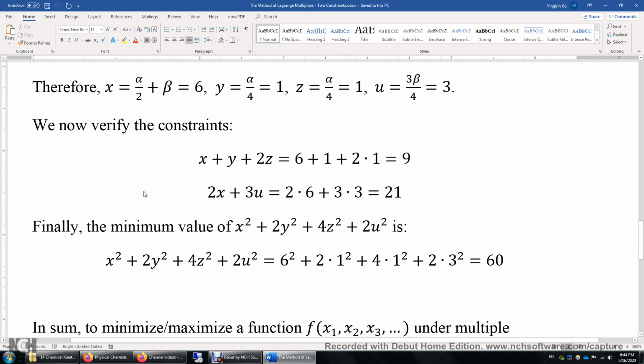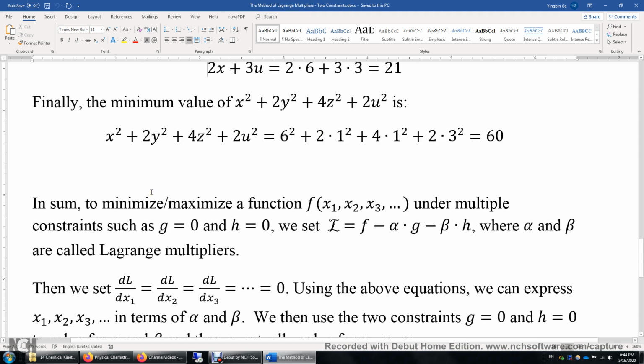All right, so in summary, if you want to minimize or maximize a function of multiple variables with multiple constraints, let's say we have 2 constraints, g equals 0, h equals 0, then you just need to set this Lagrangian L equals this function f minus alpha times g minus beta times h.